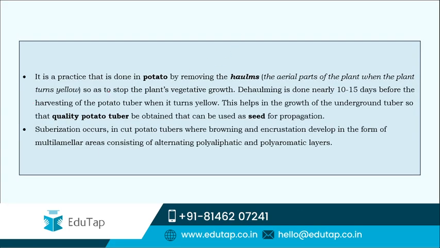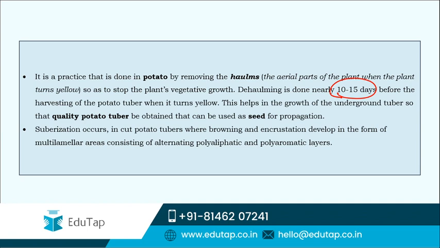So actually, it is a practice followed in potato, wherein some 10 to 15 days before harvesting, there are signs of drying or yellowing of aerial parts. That is a sign that it is about to be ready for harvest.